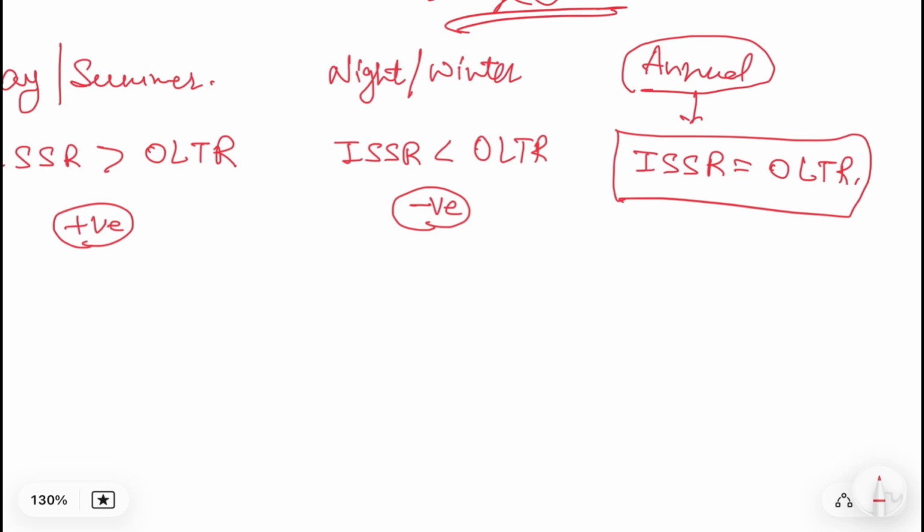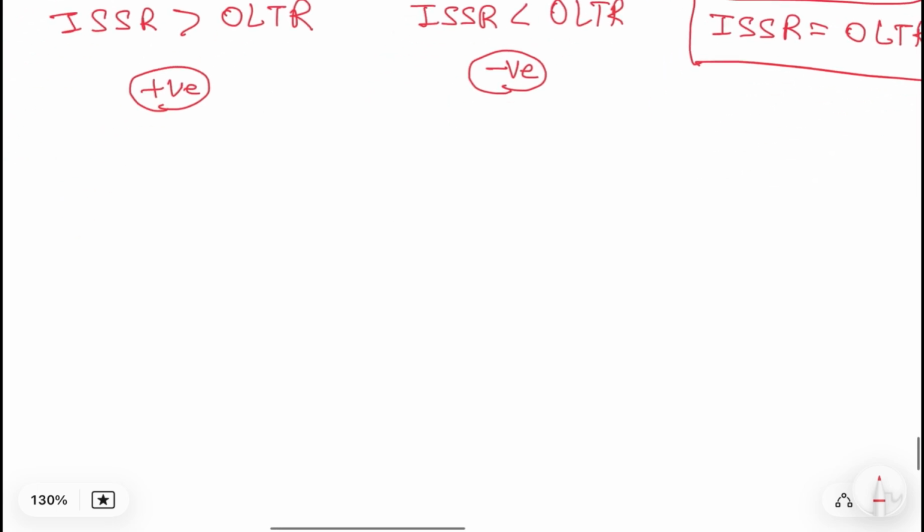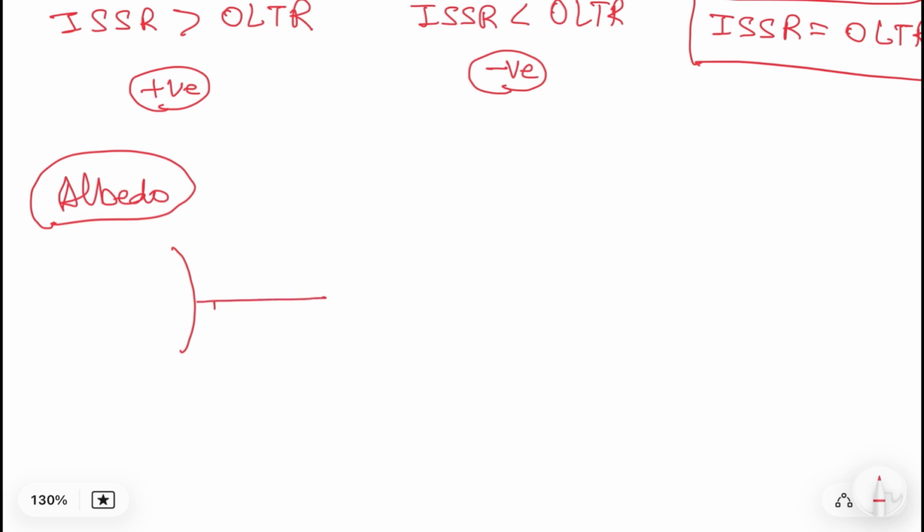Now the phenomenon of the reflection of the 35 units out of the 100 is known as the albedo or the reflectivity of the earth. So the reflectivity differs with the different surfaces of the earth. If this is the earth and these are the incoming solar radiations, at the poles we have the slanting rays.